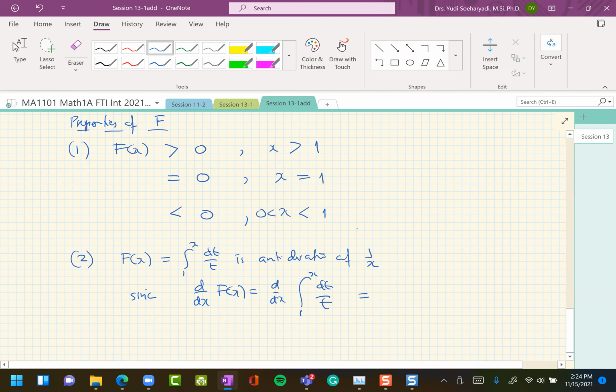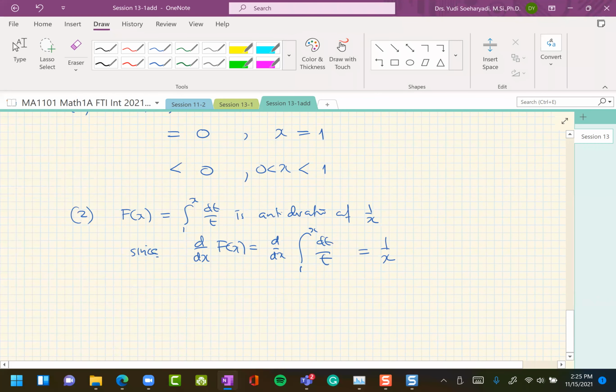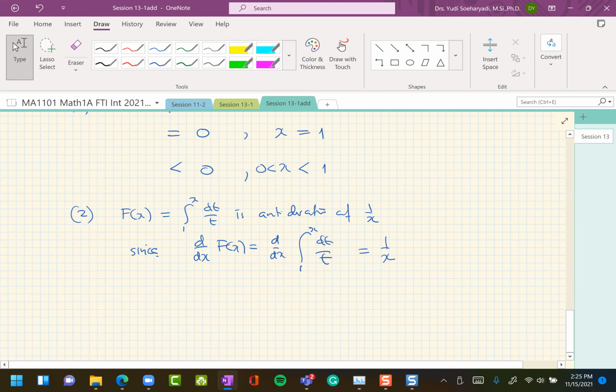So when you take the derivative of these integrals, the derivative and integral cancel, leaving you just replacing t by x. Right? So it is the antiderivative. So we have an explicit antiderivative, this f.